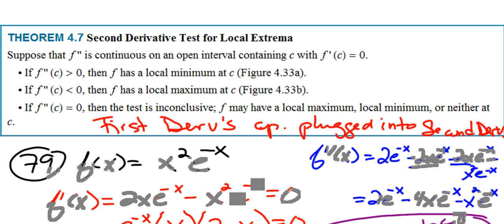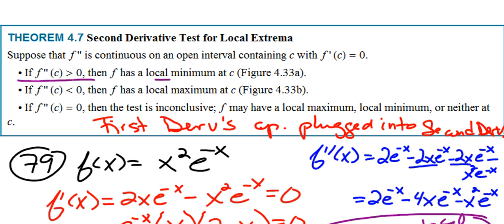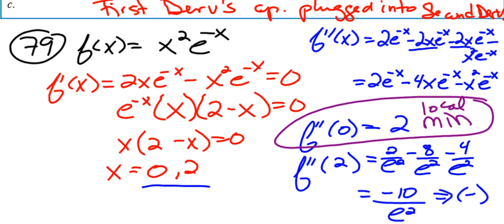It said if the value was positive, we have a local min, and if it's negative, we have a local max. So this value was our positive one. It is a local min. And when we evaluated at x equals 2, we saw it was negative. This one is our local max.